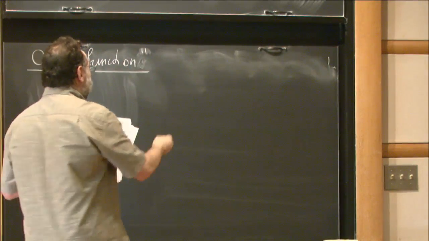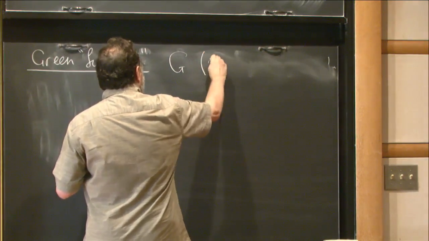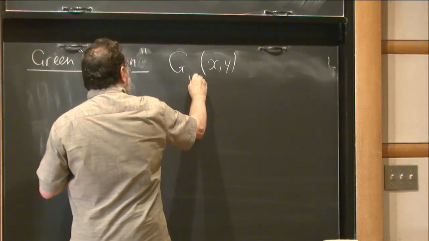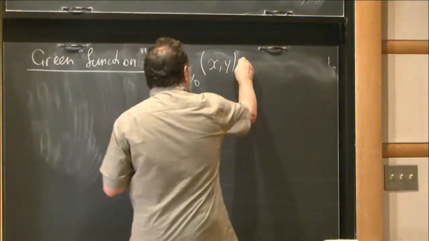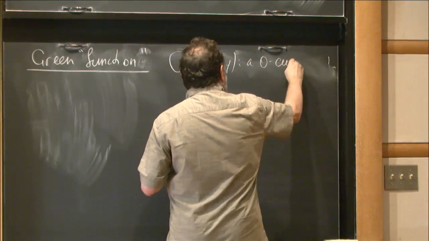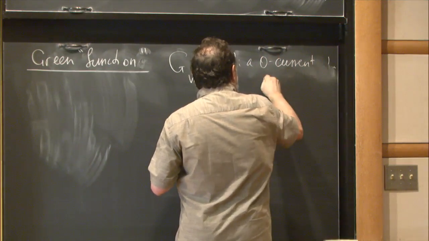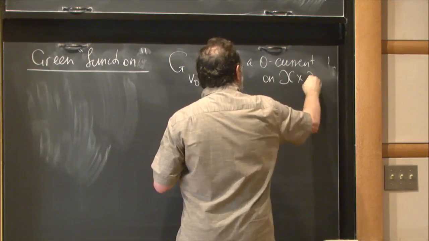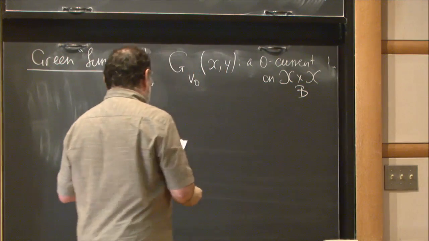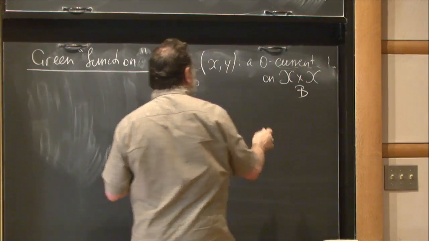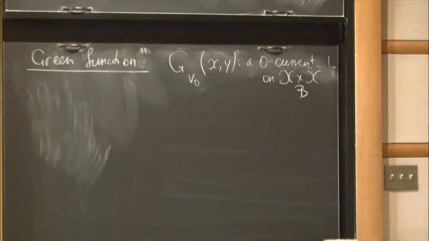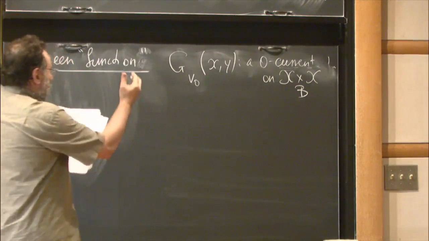It has singularities. It's a function of two variables which depends on our tangential base point. And honestly, it's a zero current on X cross X. Actually, let me put bars: X bar cross X bar. My fibers are compact by convention here. So I'm going to do this fiber-wise.